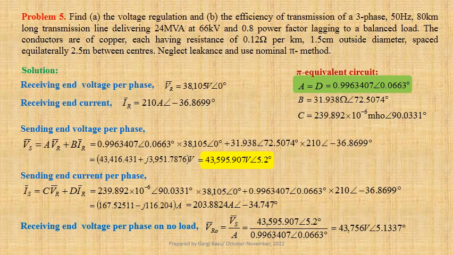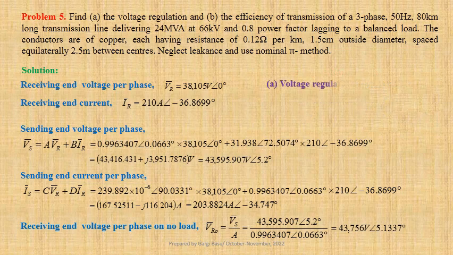Let us now calculate voltage regulation, that is equal to VRO minus VR divided by VR. Using values we get 43,756 minus 38,105 divided by 38,105.